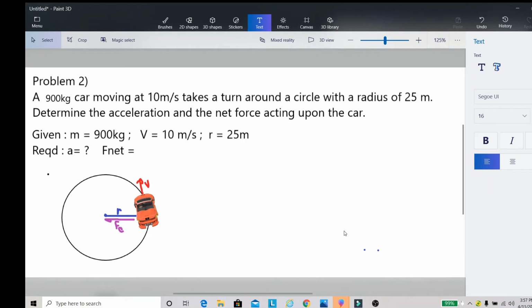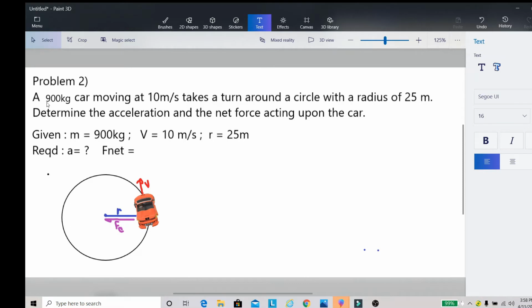Okay, we have another problem here. A 900 kilogram car moving at 10 meter per second takes a turn around a circle with a radius of 25 meters. Determine the acceleration and the net force acting upon the car. So we have listed down the given here.